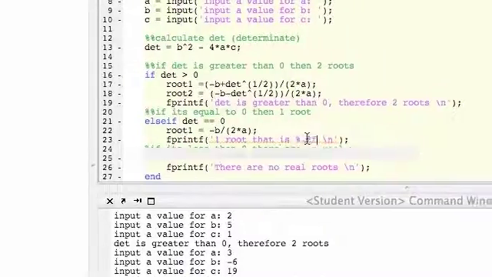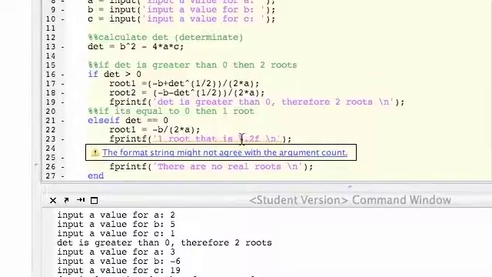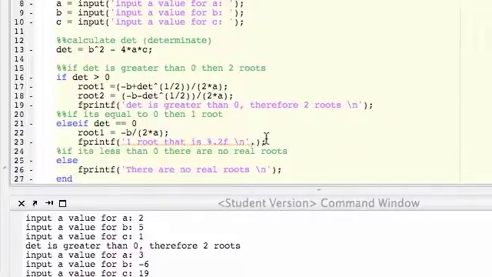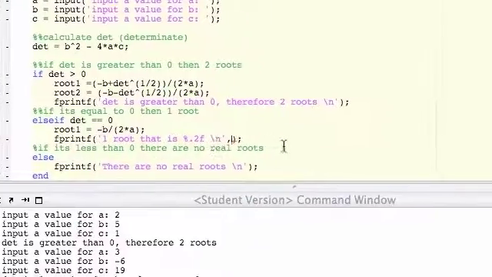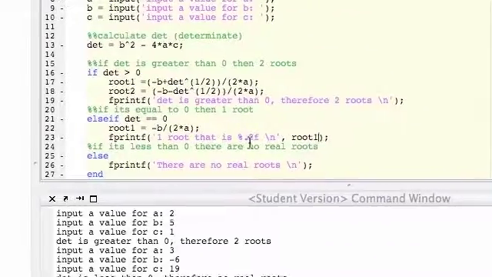Okay, one root that is %.2f. And now we have to put in root 1. So it says one root that is this.